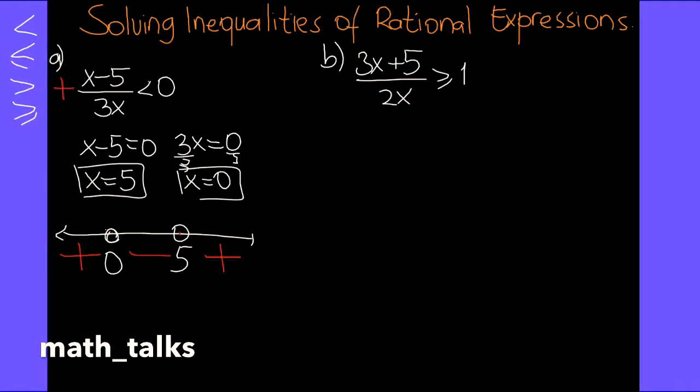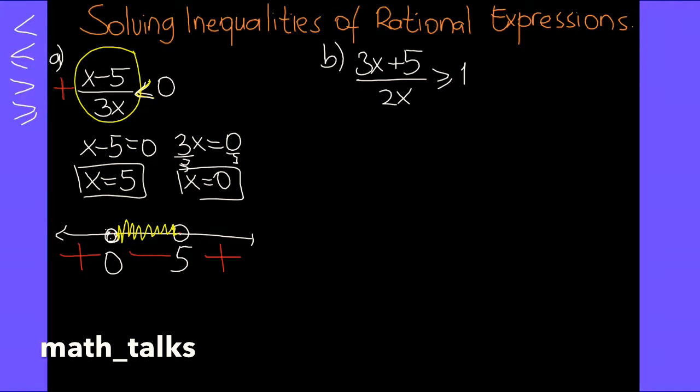When you choose which region will be your solution set, you have to look at the whole expression. The expression is smaller than 0, which means the negative region will be your solution set. Why? Because when we take any number before 0, and any number from 5 to positive infinity, and substitute it into this rational expression, we get a positive number, which cannot be smaller than 0.